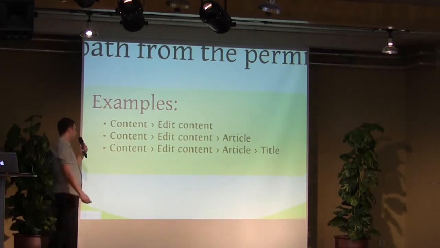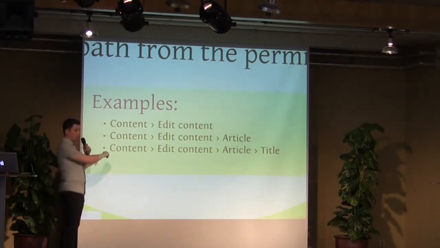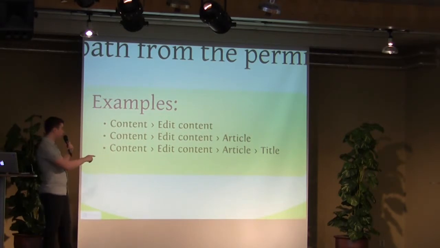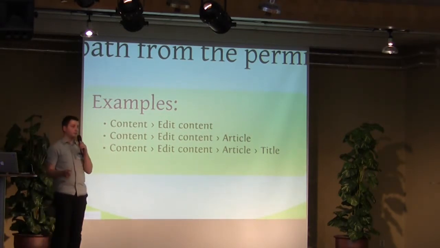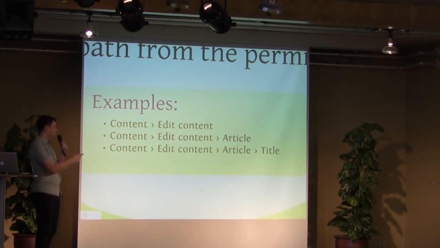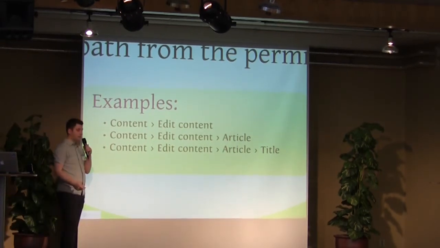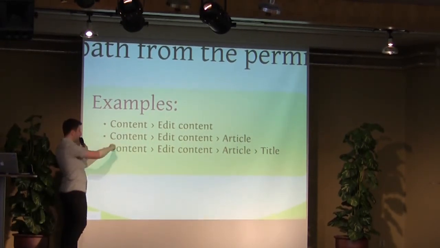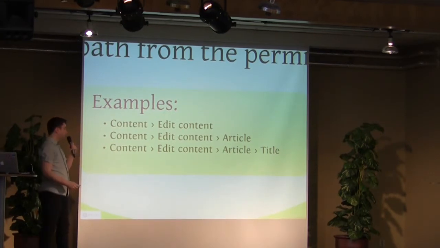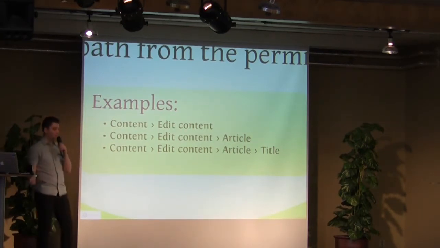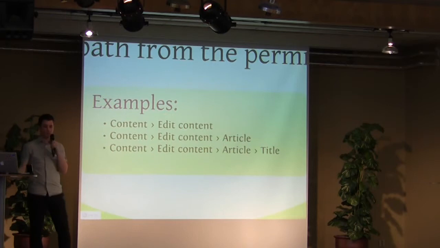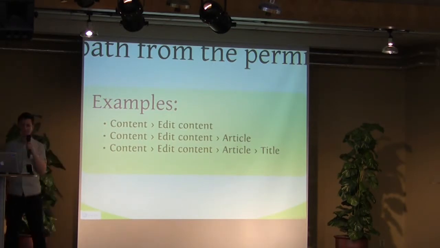Because if we are checking the third one, for example, which is narrowing down to the title, since the user has a higher permission in the tree, because I said the user has the edit content permission, that means that they can actually edit the title field of the article. It's logical, isn't it?